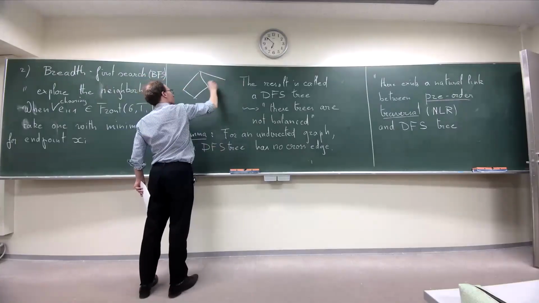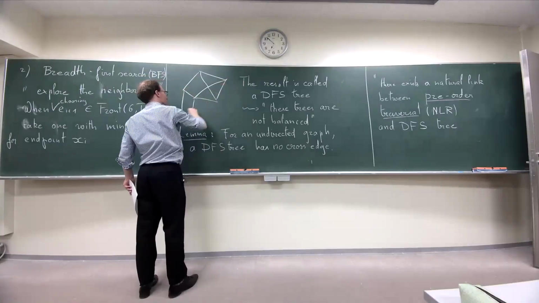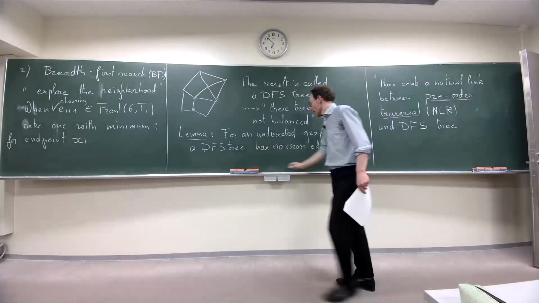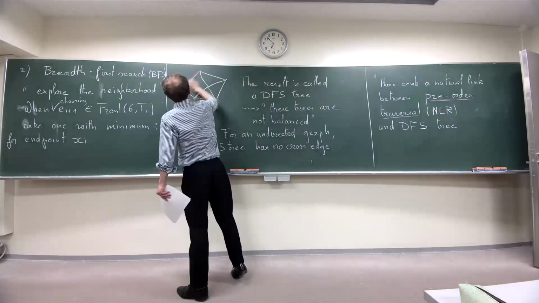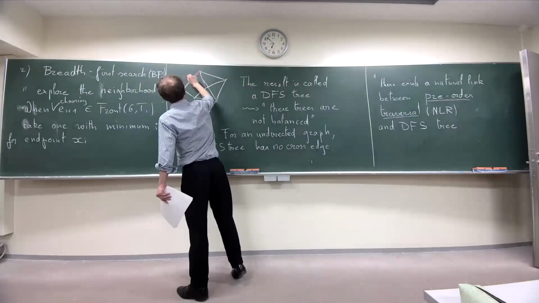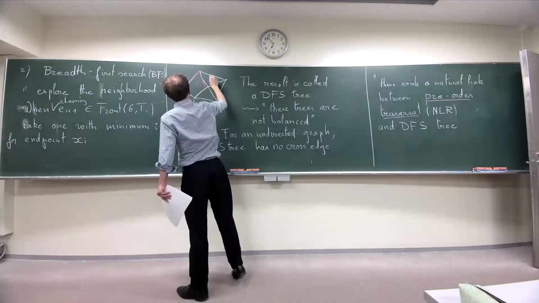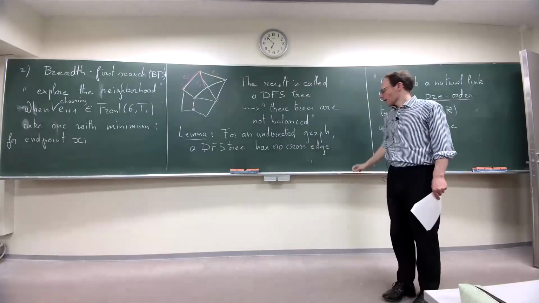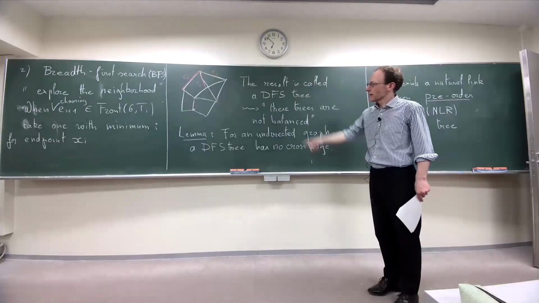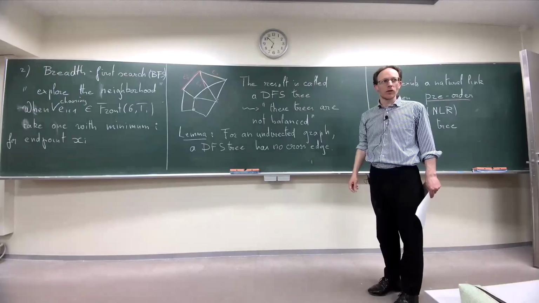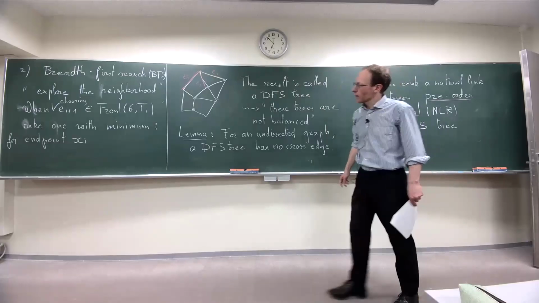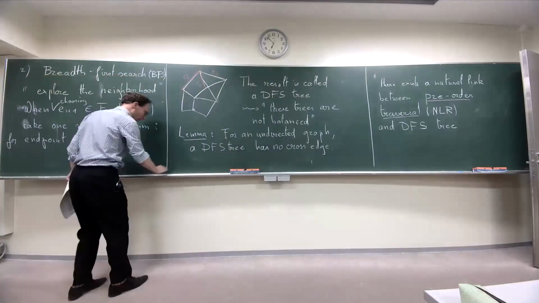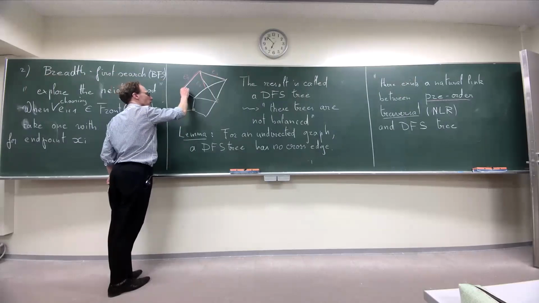I should have a permanent graph on this blackboard, which does not go out. So let's see, this is E1, E2, E3. Suppose I have already done this part. Now we have several edges in the frontier. I need to take one with a minimum endpoint. So I have only two solutions here, this one or this one.